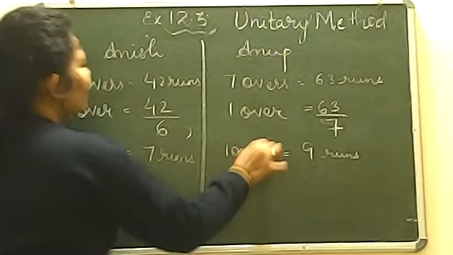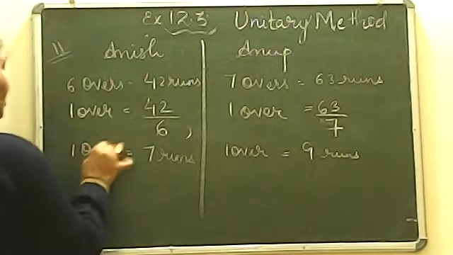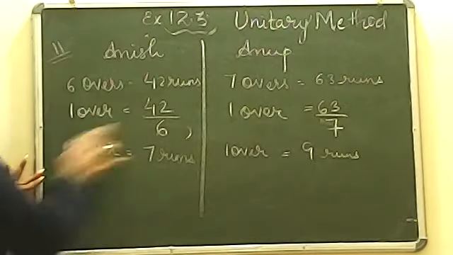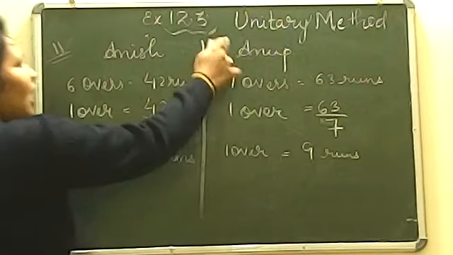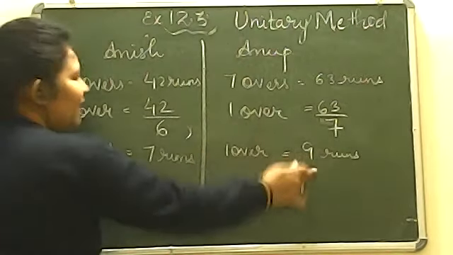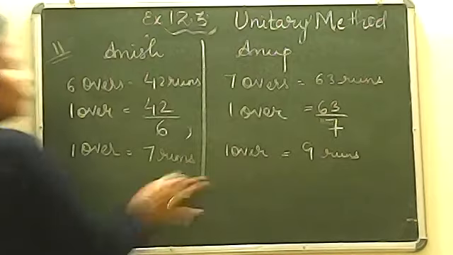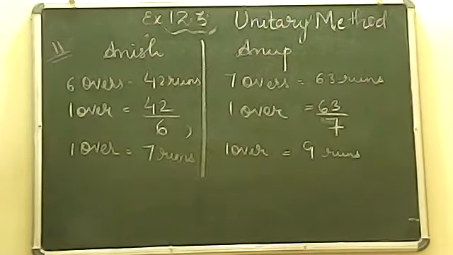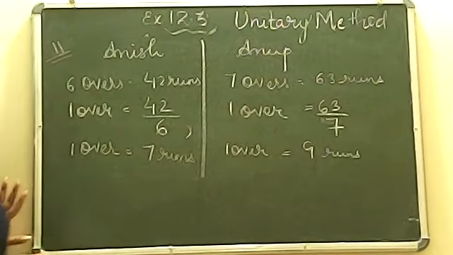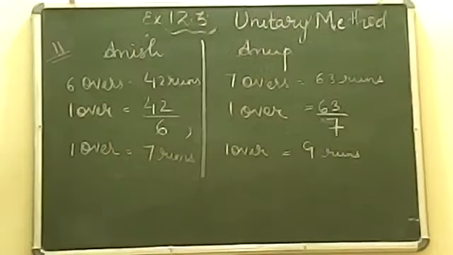You can look at here properly. Anish is making 7 runs in 1 over, whereas Anup is making 9 runs in 1 over. Now you only tell me which person is making more runs per over. Please tell me in the chat box which person is making more runs. Tell me faster.